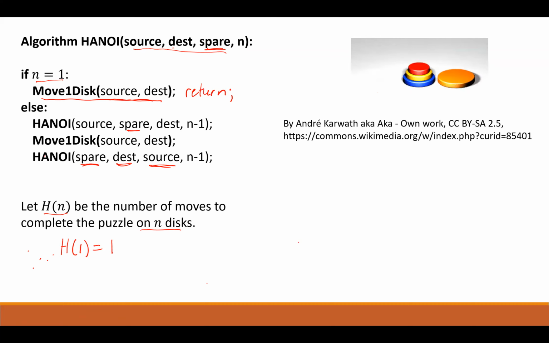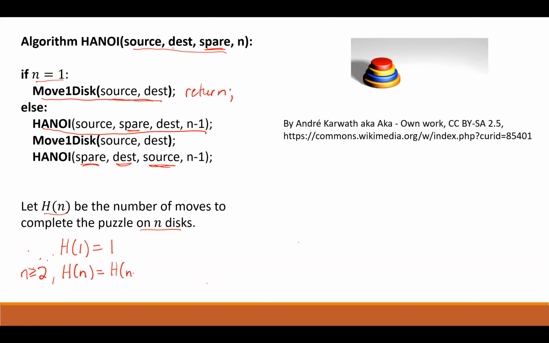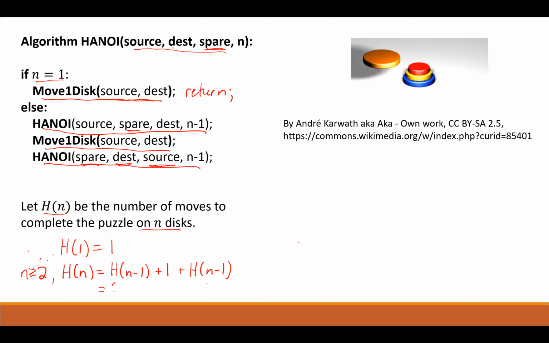Otherwise, in my recursive case, for n greater than or equal to 2, h of n is equal to, I make one recursive call, so h of n minus 1. I make one move, plus 1, and then I make a second recursive call, plus h of n minus 1. Okay, so if I group those together, I get 2h of n minus 1 plus 1.